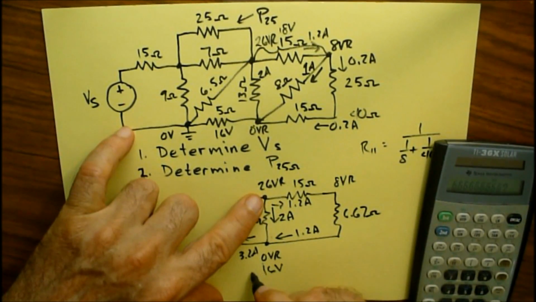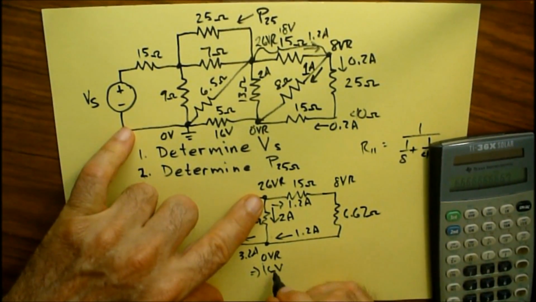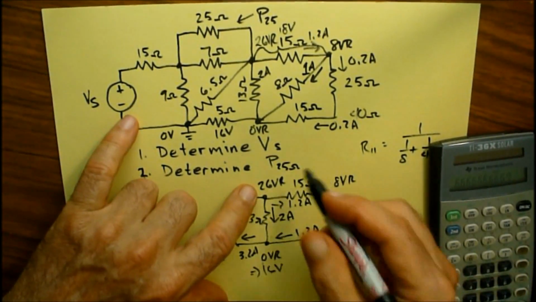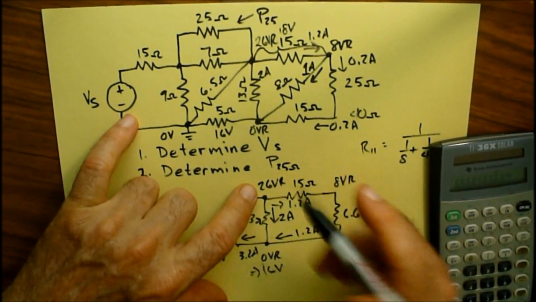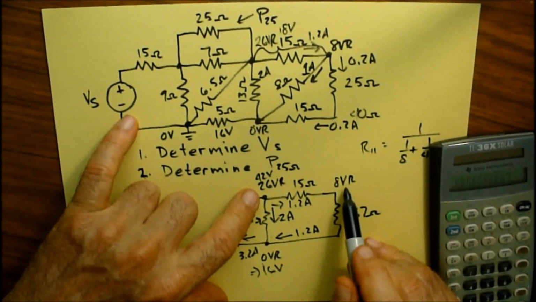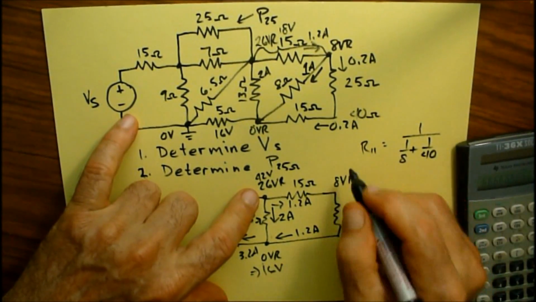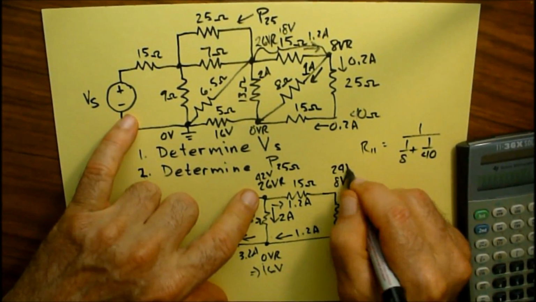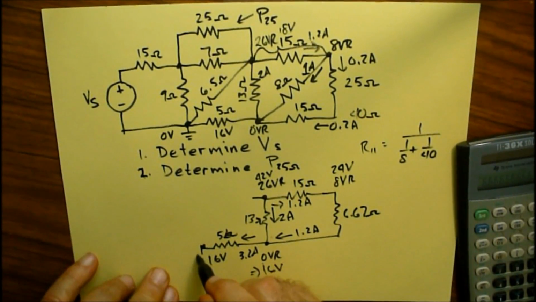This 0 volts relative is 16 volts. 26 volts relative is going to be 42 volts. And then 8 volts relative is going to be 24 volts to the ground.